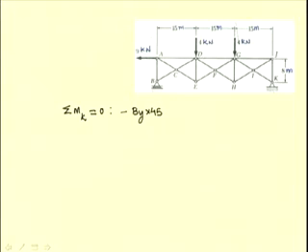The moment of this 9 kilonewton force is a counterclockwise moment about this point K with a moment arm of 8 meters. Since this moment is counterclockwise, it is a positive moment. So, we have plus 9 into 8. The moments of these 4 kilonewton forces at D and G are also counterclockwise about K, and thus they are positive moments.